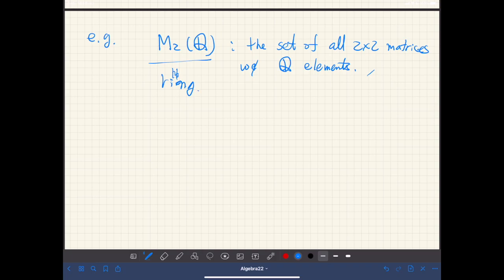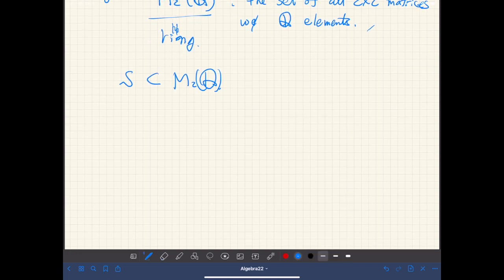And another example. Let's consider a subset of this set of 2 by 2 matrices. Let's define this set S as follows.